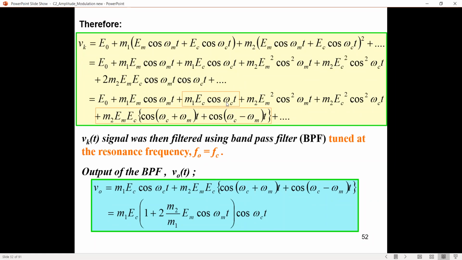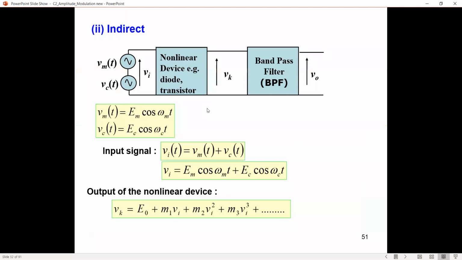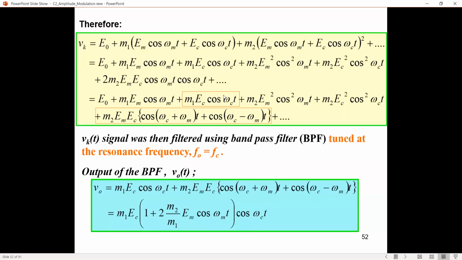If we want our full AM, what we can do is put a filter. If you look at the diagram here, we put a band pass filter after the nonlinear device, and we tune it at FC. Our resonance frequency is FC, and the bandwidth is plus minus FM.